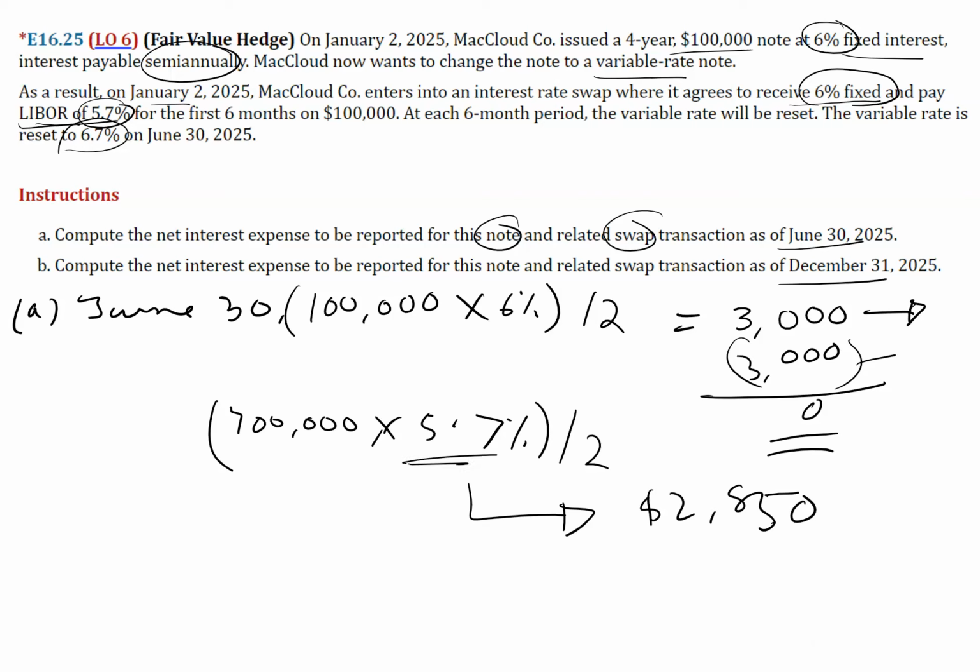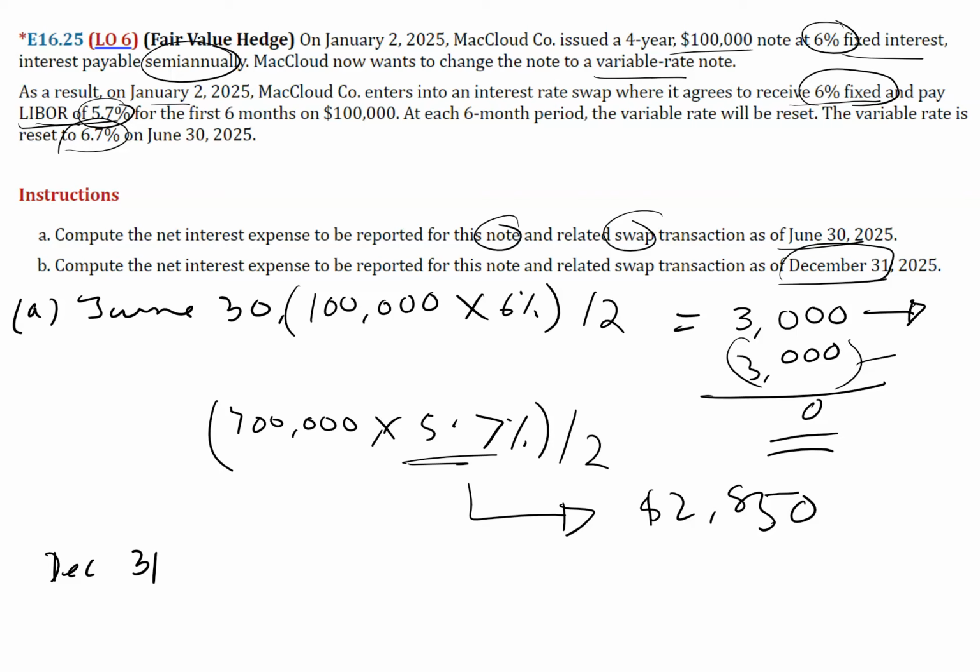So then again, another 6 months passed. On December 31st, he will pay to the notes holder the 6% rate on 100,000, and for the other 6 months, so half of it.